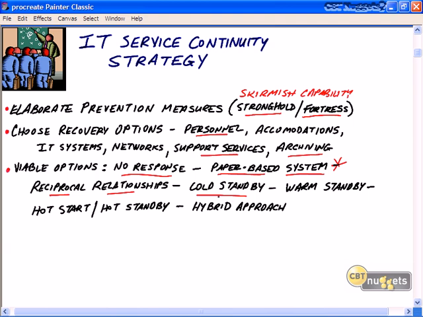A warm standby option is also referred to as an intermediate recovery option, where you get access to a similar operational environment where your services can continue normally after a very short changeover period, typically 24 hours on the low end to 72 hours on the high end. This option of warm standby really has three different scenarios.